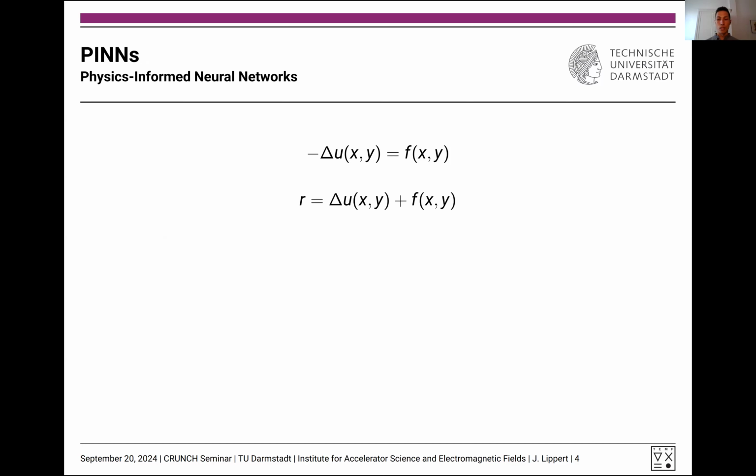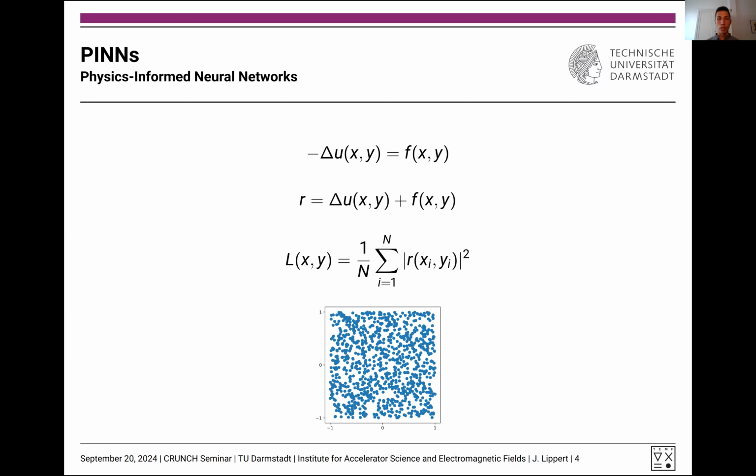Then if we sample over the domain in which the PDE is defined, we can get a solution by training the neural network with this loss function. However, one drawback here is that we use the second derivative of our function, which is quite computationally costly.